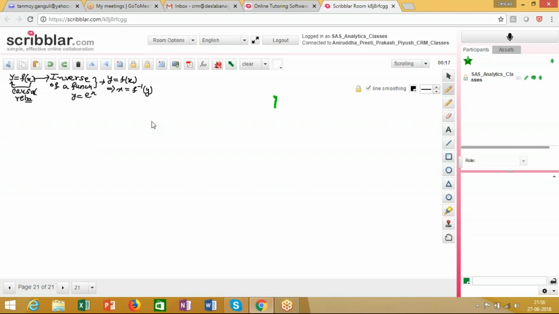So over here, the way we generally do this is we take a log on both sides, right? So from here what we get to see is that x is equal to the log of y.